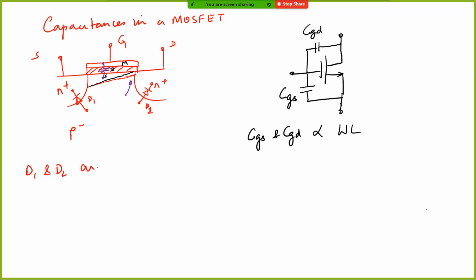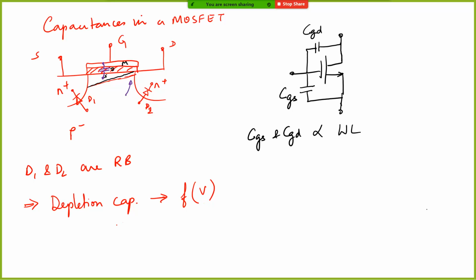D1 and D2 are reverse biased, and therefore they will have their depletion region, and because of that they will have the depletion capacitance. Any diode will have a capacitor, and this depletion region capacitance is also a function of the voltage applied across it.